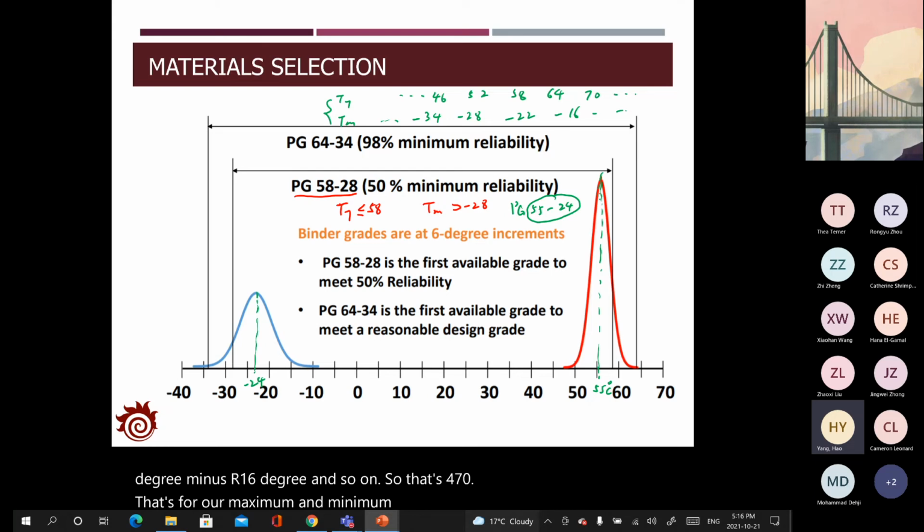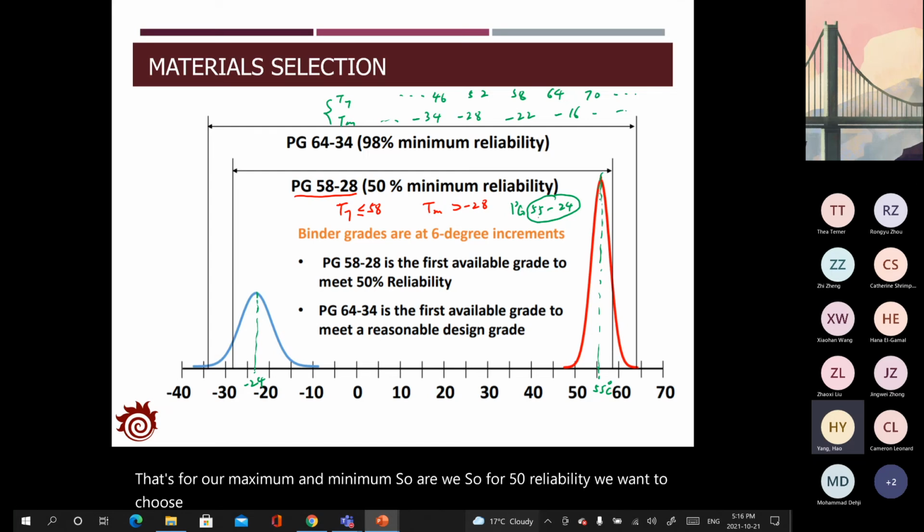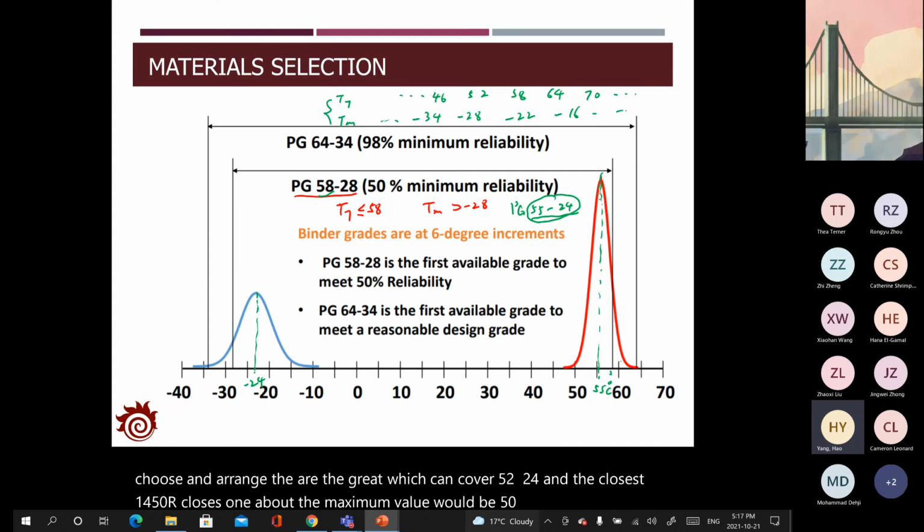So for 50% reliability, we will choose the grade which can cover 50 to minus 24. The closest one for 50 about the maximum value would be 58. So that's what we get as 58.